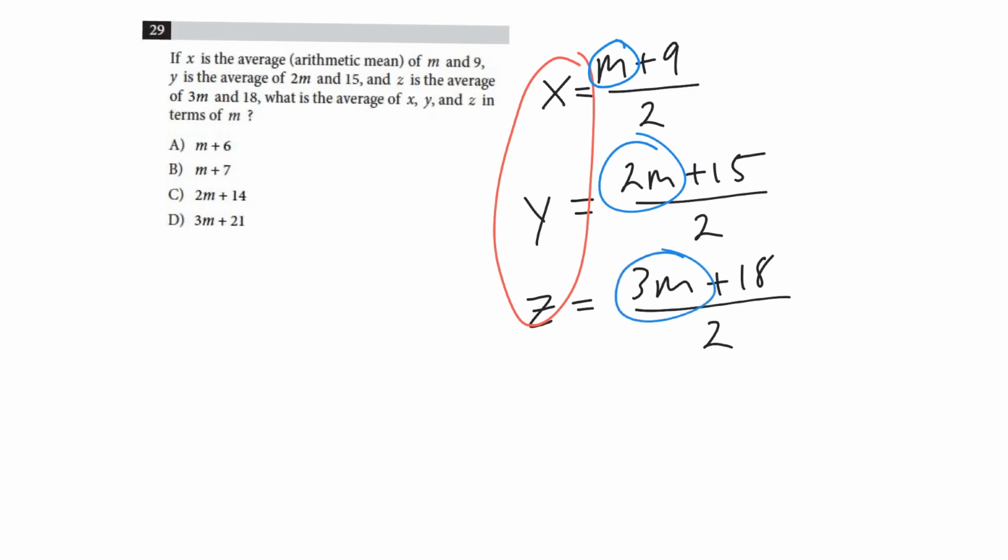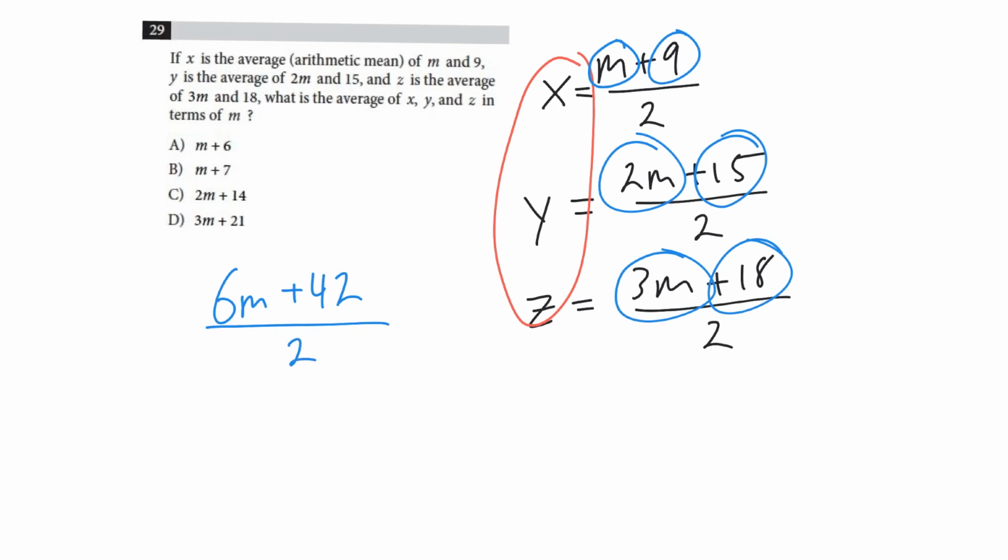That's a total of 6m. I've got 9 and 15, that's 24. 24 plus 18, 24 plus 10 is 34, and then 8 more is 42. So that's the sum, over 2.